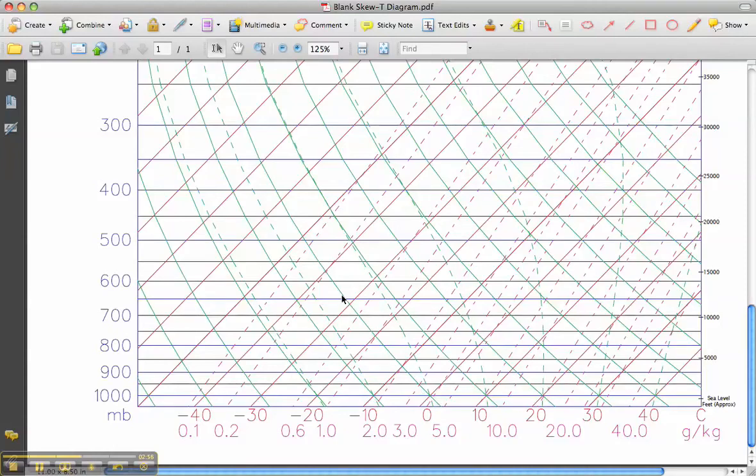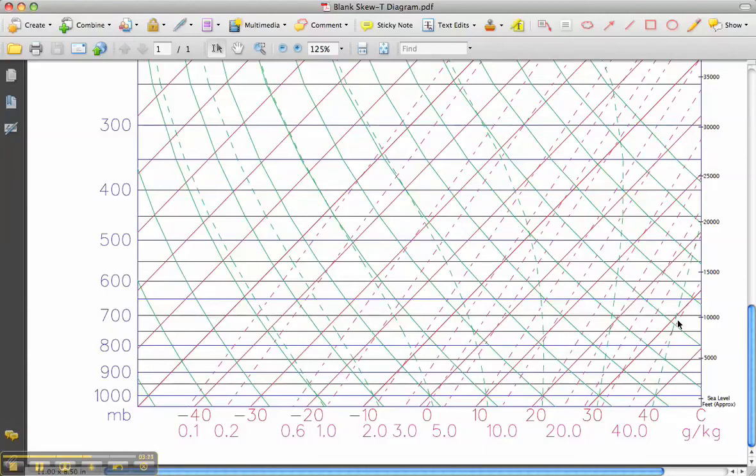Once the air parcel becomes moist, it then follows the moist adiabat, which is the dashed green line. I'm identifying several areas of the dashed green lines. These are all the moist adiabats or pseudo-adiabats, but I like to refer to them as the moist adiabat.